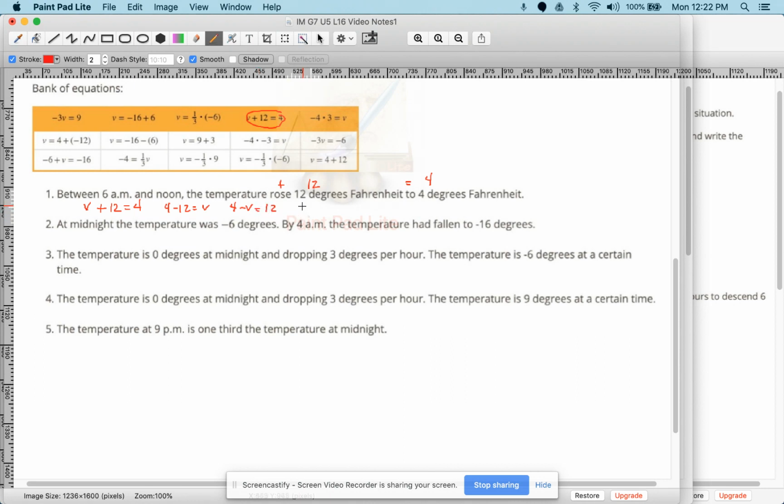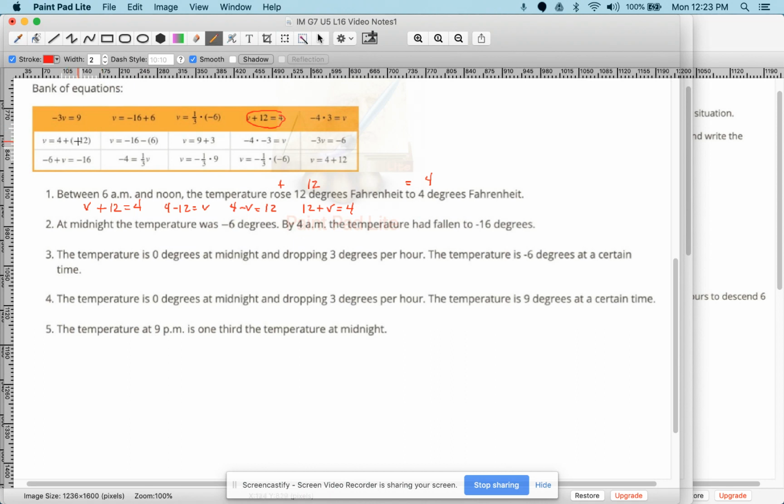It could be 12 plus v equals 4. So let's look at the equations that have a 4 and a v in them. We already used this one. How about v equals 4 plus 12? Is that in anything we did here? It is not, so that's not going to work. Let's keep looking.